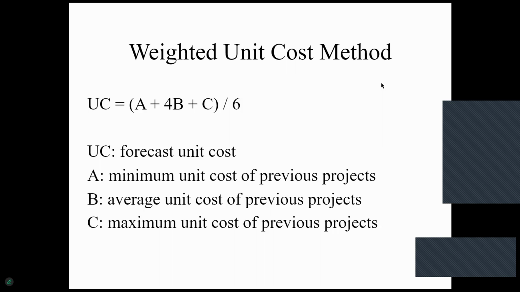So that is why we divide by 6. We're not using A plus B plus C divided by 3. We're using A plus 4 times B plus C divided by 6. The 6 comes from there being 1 A, 4 B, and 1 C.